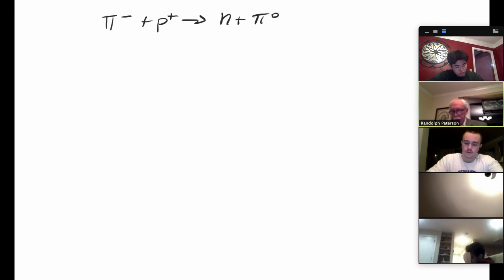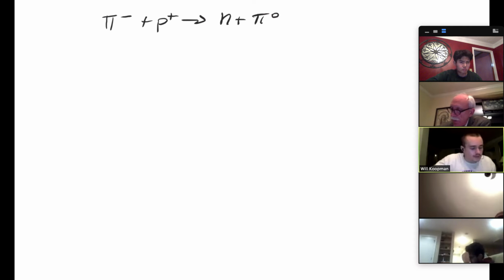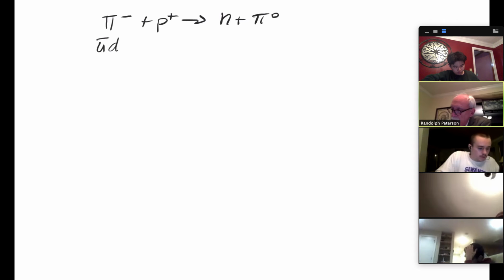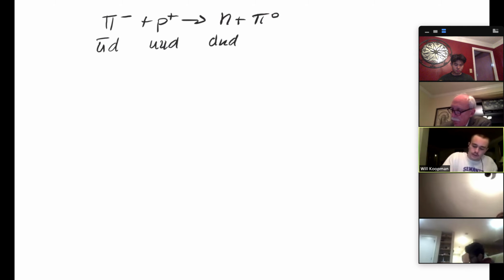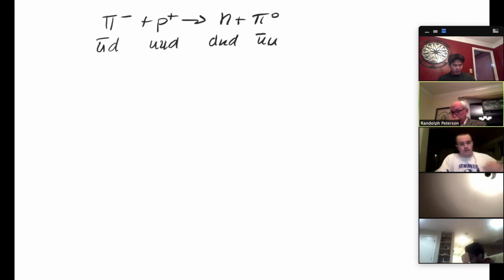So what's the quark composition here for the pi minus? The pi minus has quarks anti-up and down. And so the proton is a UUD. The neutron is a UDD. And the pi zero is the UU bar, or a DD bar, whichever.